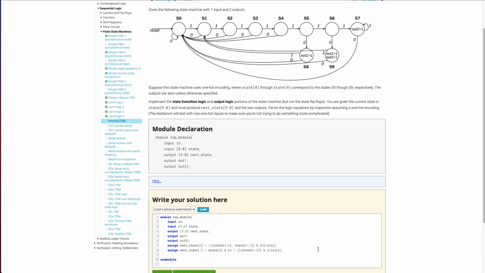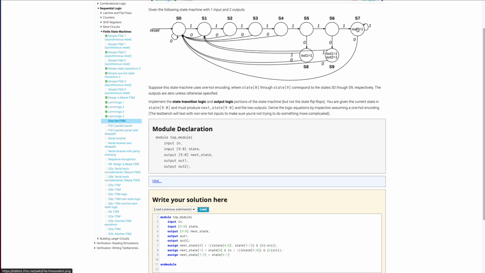And then next state of 7 to 2 is going to be state of 6 to 1.